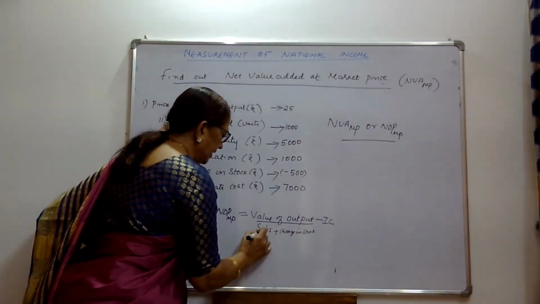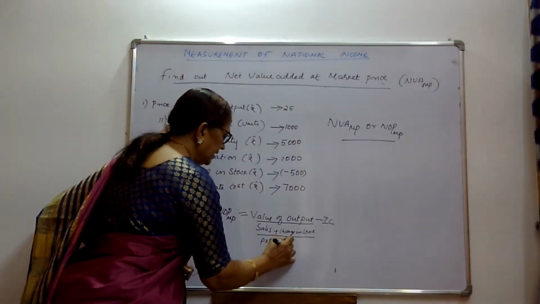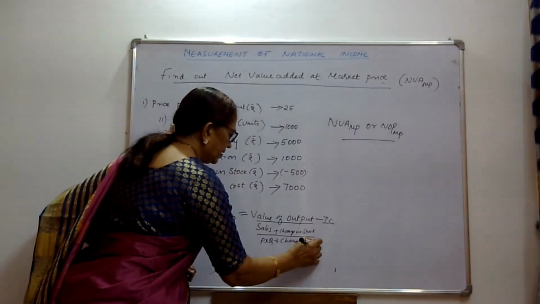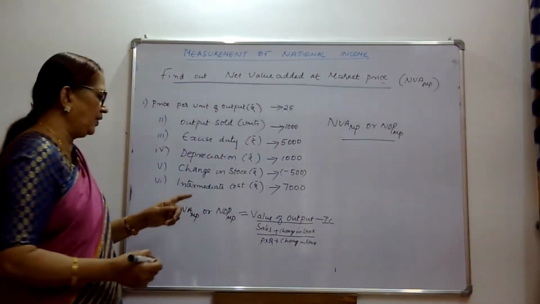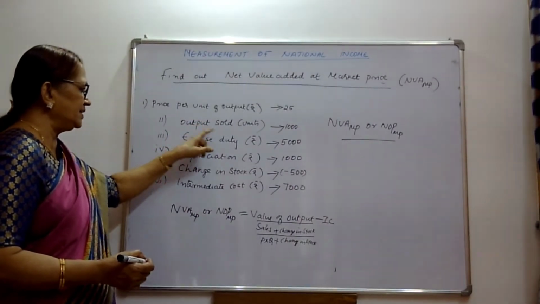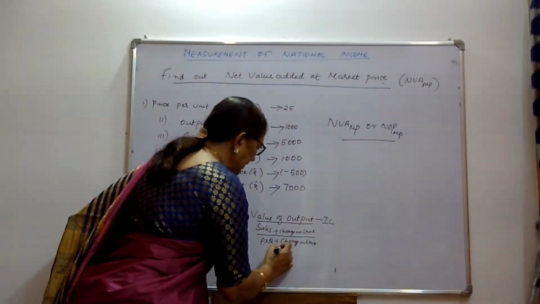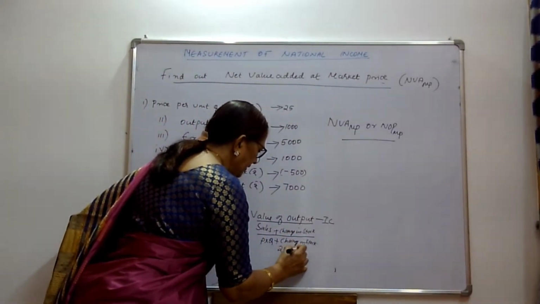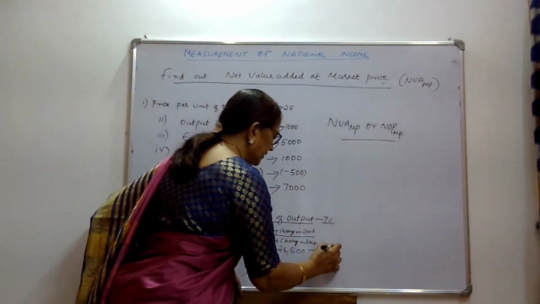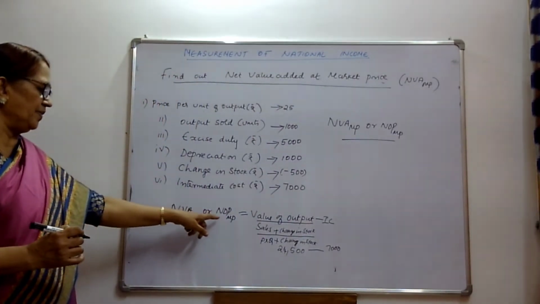Here sales is given as price into quantity plus change in stock. What is the value of output? Sales plus change in stock. P into Q, 25,000 plus negative 500, means the value is 24,500 minus intermediate cost 7,000. By doing this much we get GDP at market price.